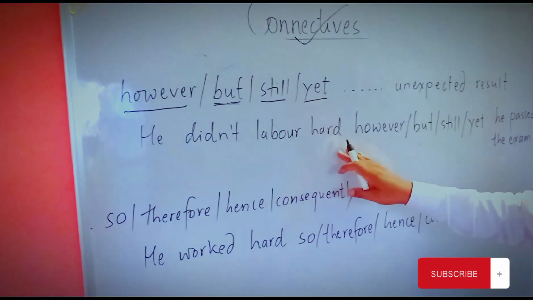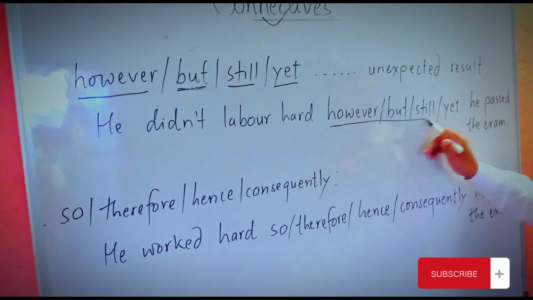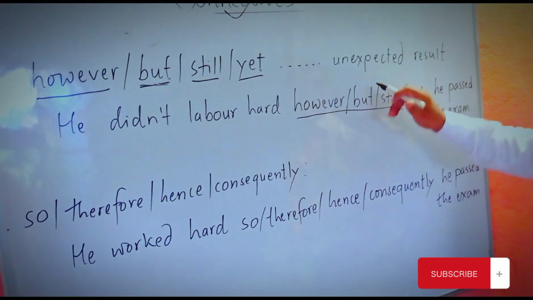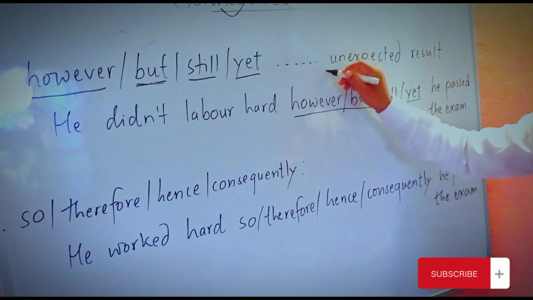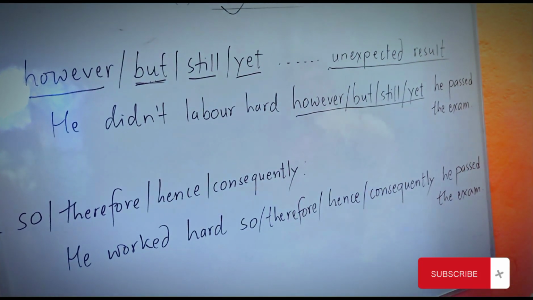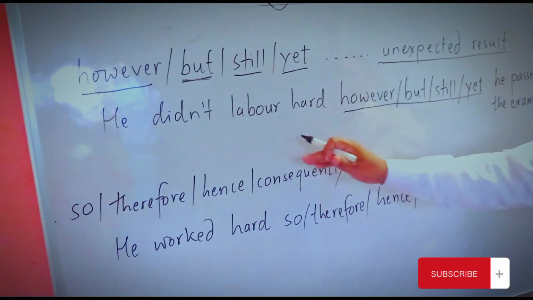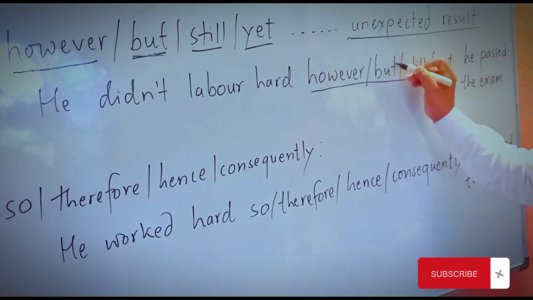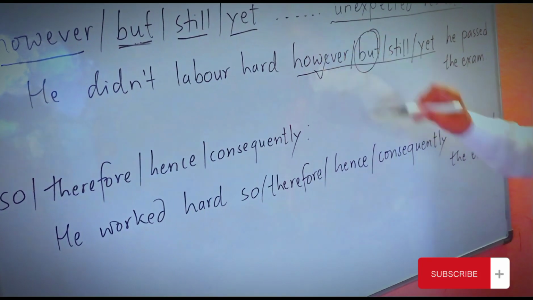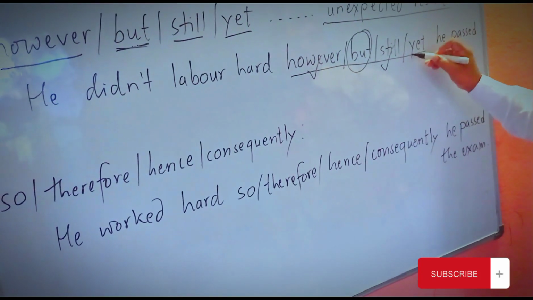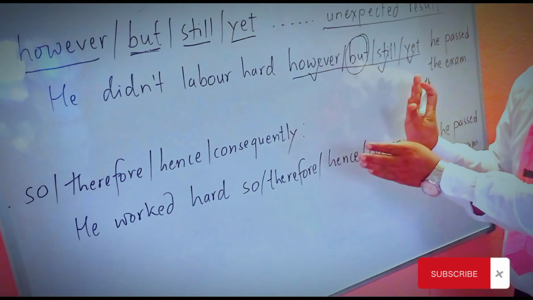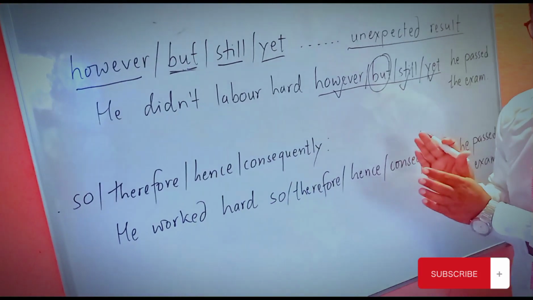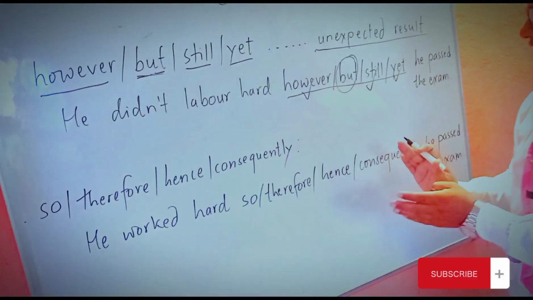He didn't labor hard, however, still, yet he passed the exam. This is also contradiction, showing an unexpected result. You can say he didn't labor hard, but he passed the exam. It's very simple. Try using "however"; it's more standard, more formal and more advanced.